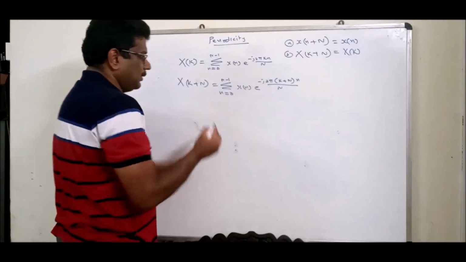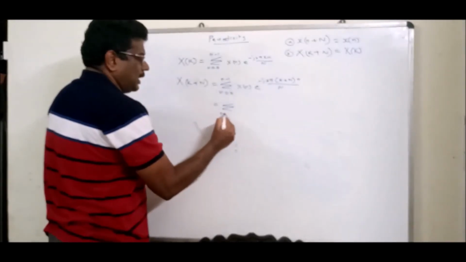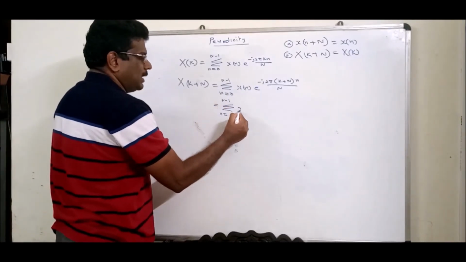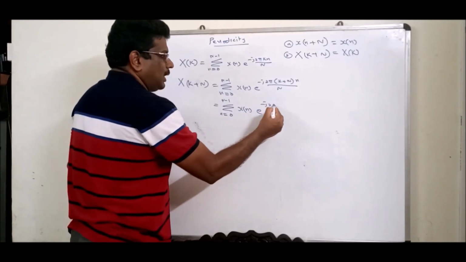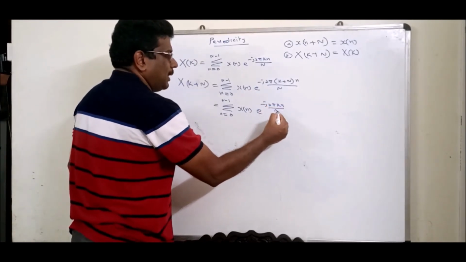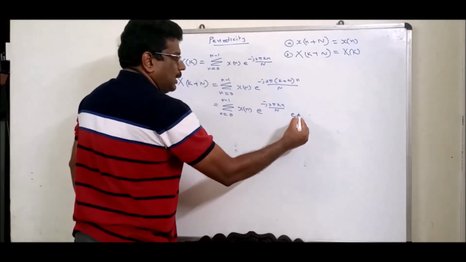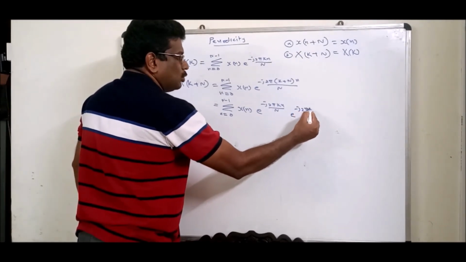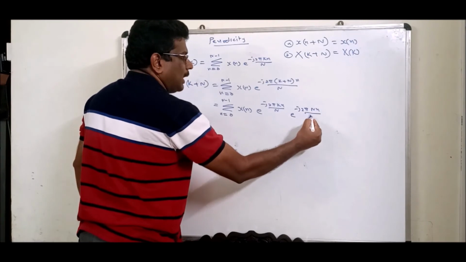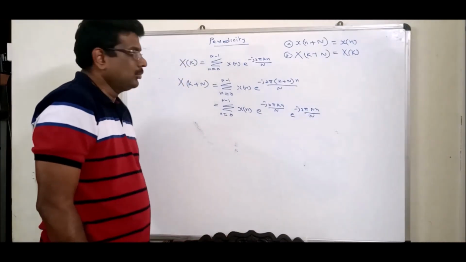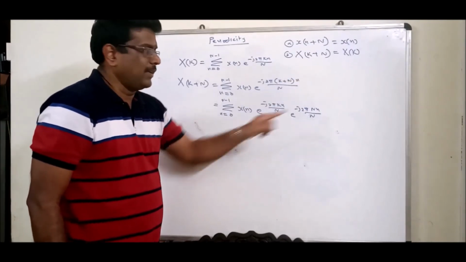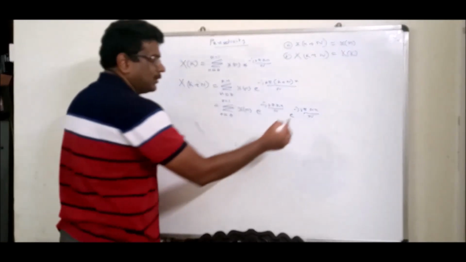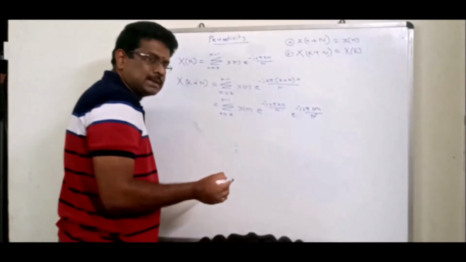Just let us break this. Summation n is equal to 0 to N minus 1 x of n. If you break, e power minus j 2 pi kn by N, another term, e power minus j 2 pi Nn by N. kn is available here, Nn is available here. I hope you can see N and N cancel.